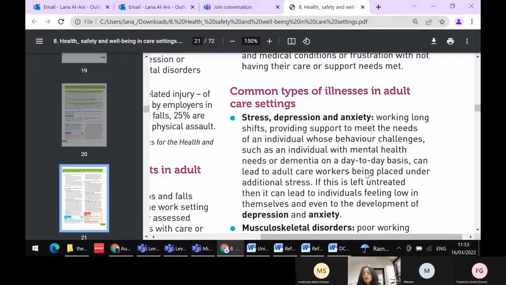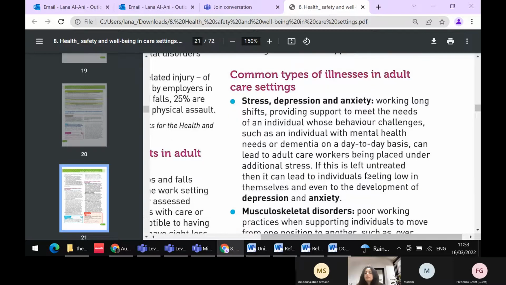And this will lead the care worker to be placed under additional stress. So if you work with someone who has dementia, for example, and you don't know whether they do things properly or not, you need 24/7 monitoring of them. This will give you extra stress.